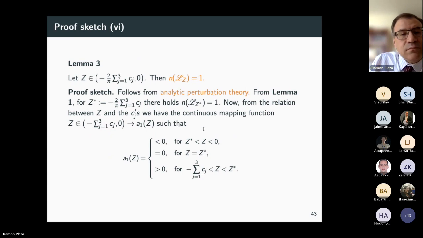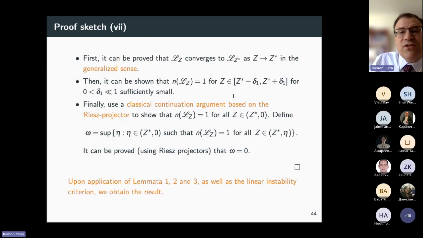So actually, you have a continuous mapping from Z in the whole domain to A1, where A1 is negative for Z star less than Z, 0 if Z is equal to Z star, and positive if you are on the other side. So you can prove actually that these operators LZ converge to LZ star as Z tends to Z star in the generalized sense.